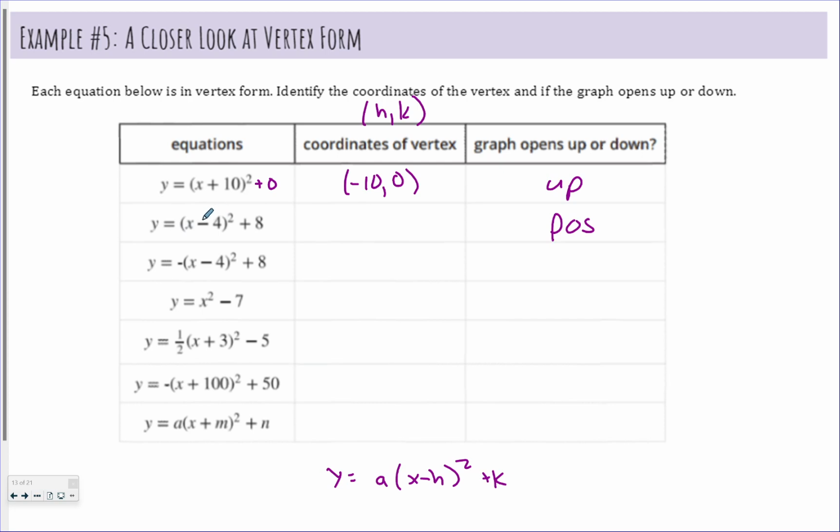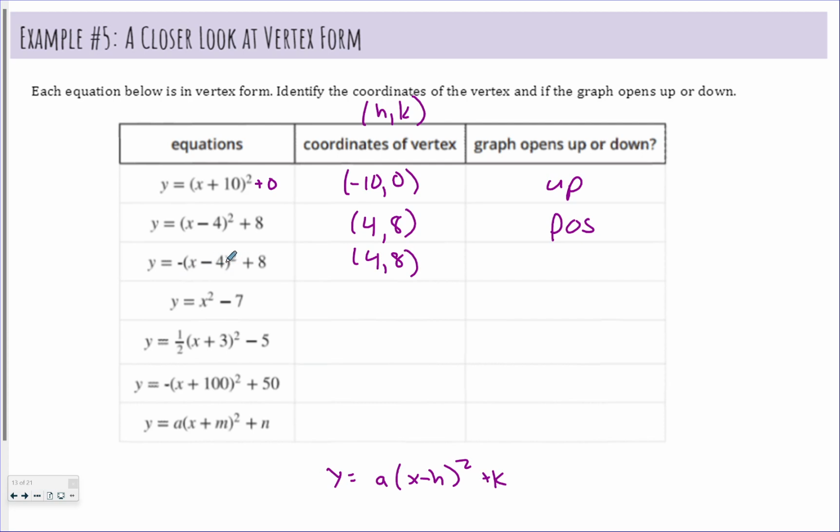Now what's the vertex in this one? Change sign, don't change sign: 4, positive 8. All right. Next one, same equation, right? But the only difference is the inclusion of the negative sign. Guess what? This one will still be 4 comma 8.